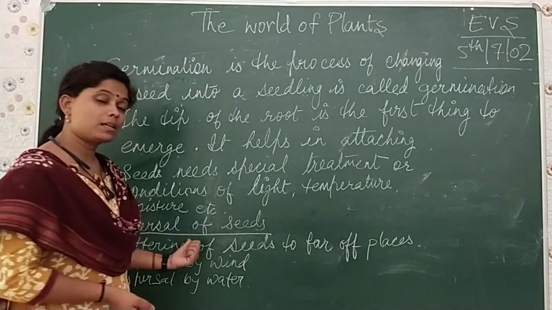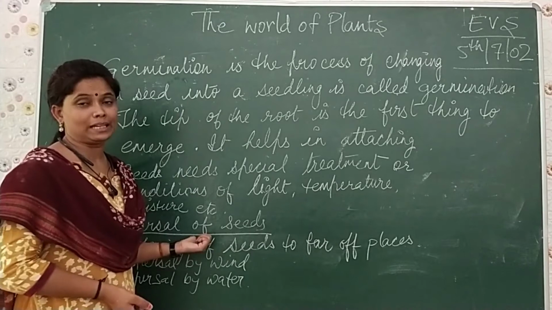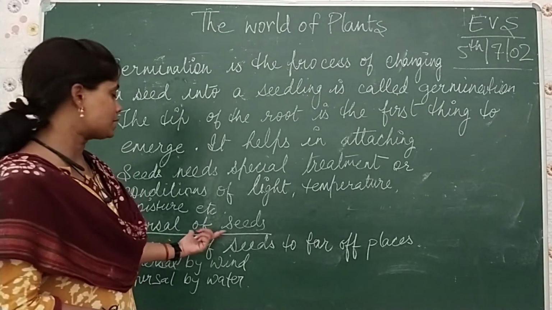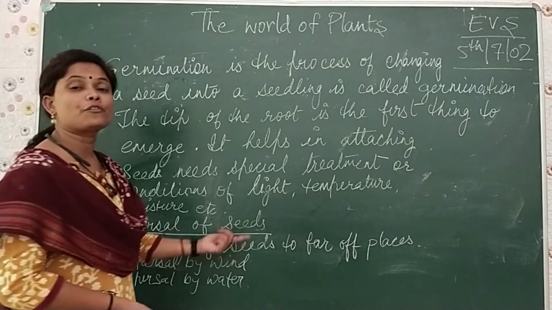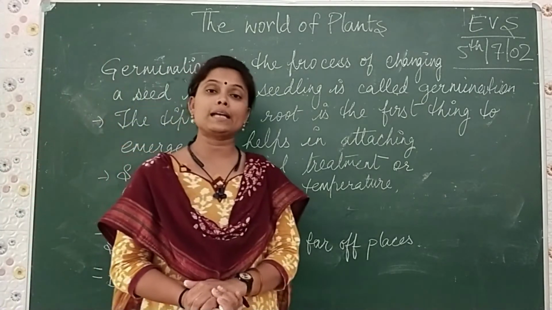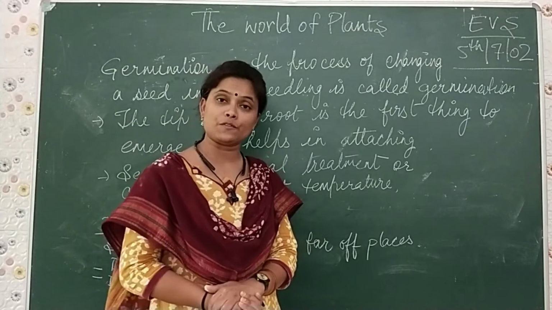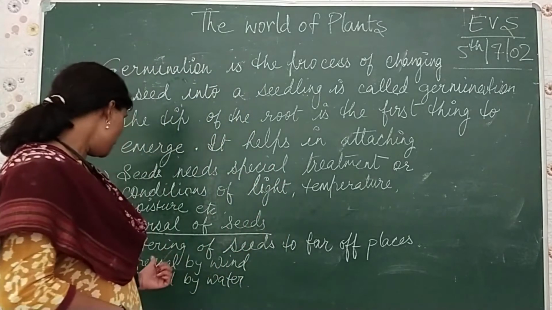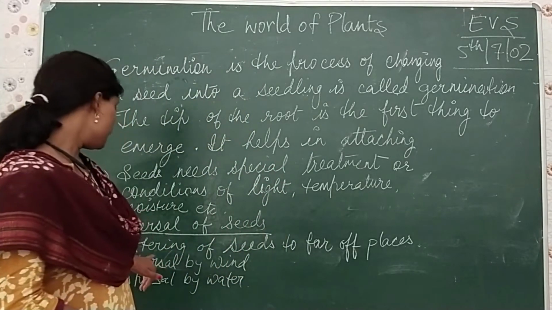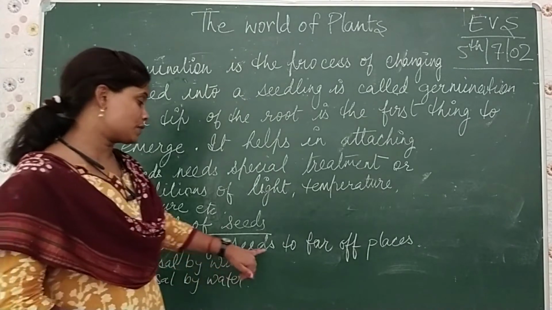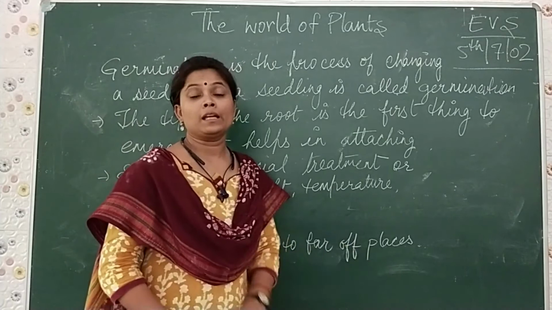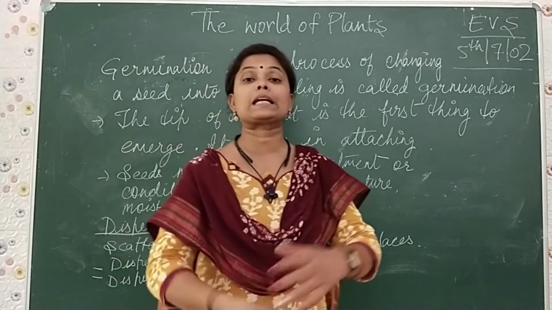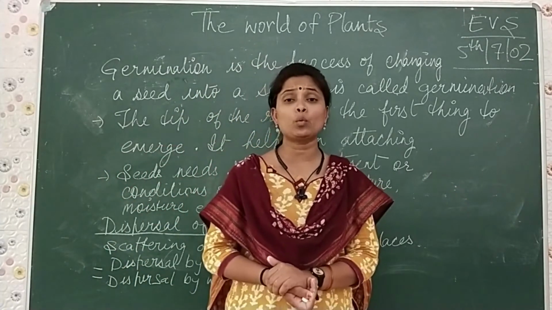Now our next topic, as per your syllabus and your book, is dispersal of seeds. What happens in dispersal of seeds? In dispersal of seeds, seeds are scattered to far off places. The seeds are scattered in different ways.